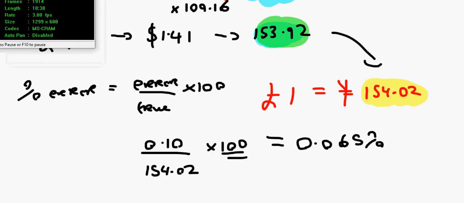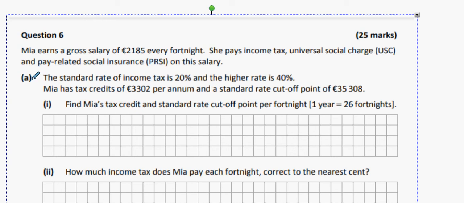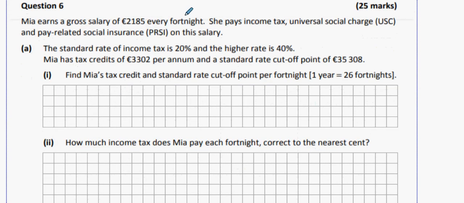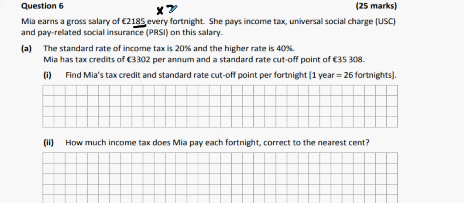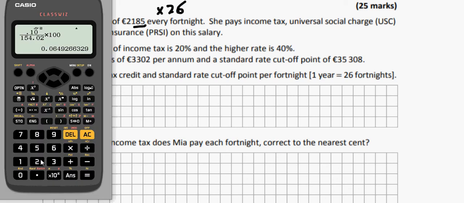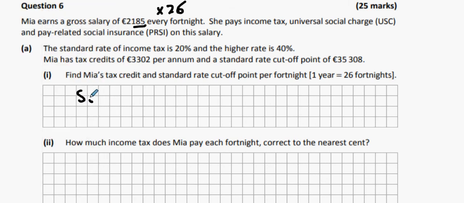What's the next question about, Dylan? So every fortnight. So how much per year? All right, and what do you get? 2185 multiplied by 26, and we get 56,810. Okay, and then we're not even asked to do that yet.